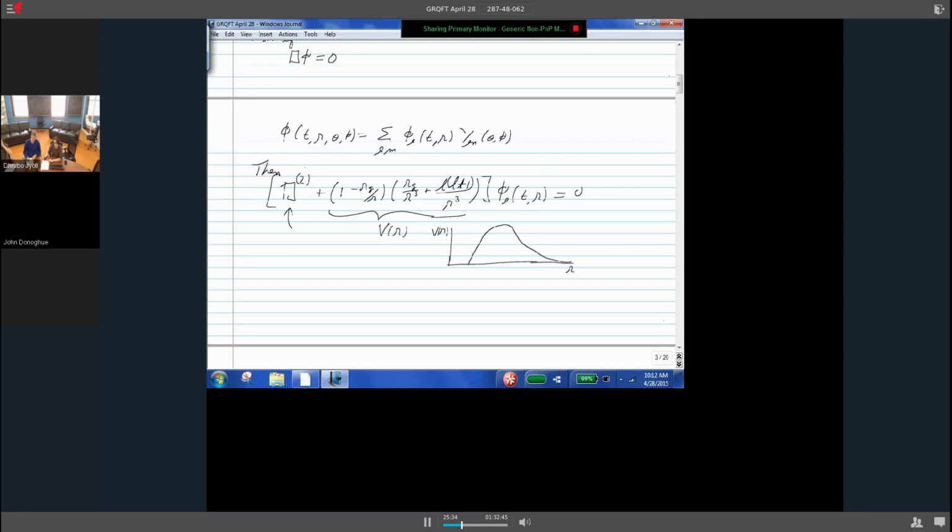The 2D problem is just the same calculation we did as for acceleration. And then there's a V of r. This V of r looks like the following. It goes to 0 at the horizon and then peaks out, and then the tail of it is the usual L(L+1) over r² piece.